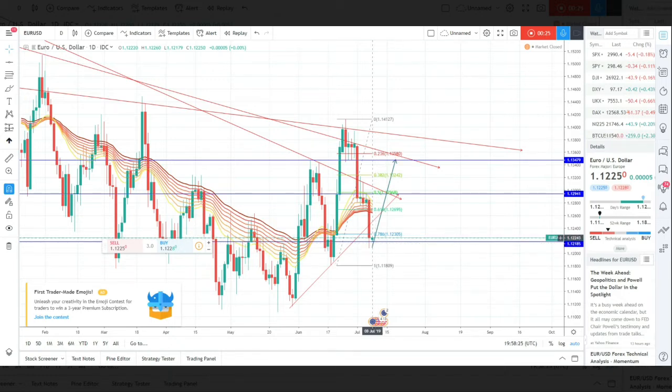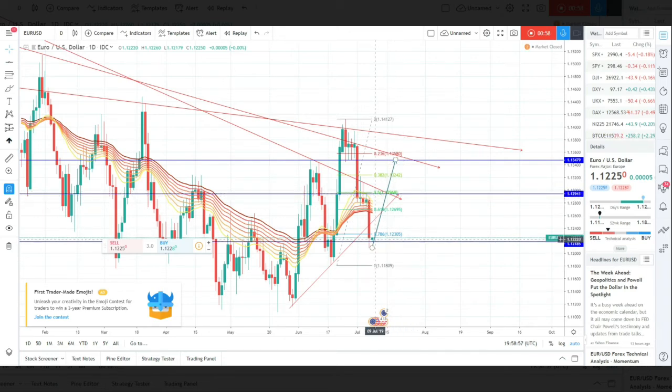If we are at this point, 1.1225, and the blue line is under, that means that it is a support line. And if we go all the way up and still don't break this line, this is a resistance line. Okay, every resistance line can be a support line. All you need to do is break it, then on the way down it will be a support.